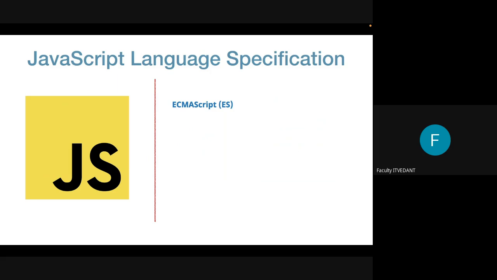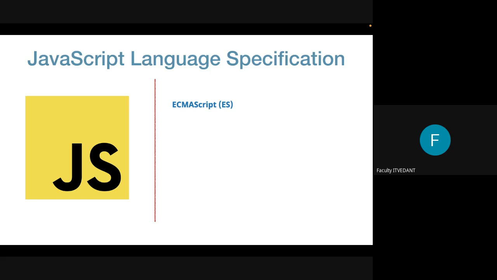If I use this function in Chrome, Mozilla Firefox, Microsoft Edge, or Opera, it should work the same in all the browsers, right? So how can they ensure that this function will work the same on different browsers? That specification should be mentioned somewhere: the filter function will accept this many parameters, and it will give you an array as output. This type of specification is defined by ECMAScript. ECMAScript is nothing but the JavaScript language specification. Whatever the specifications are, they are defined by ECMAScript.